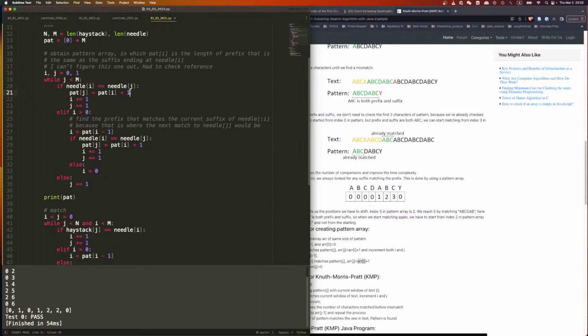Now moving on here, if we match again, right? If we match again, then if these two match, this is going to be 1. And move again.